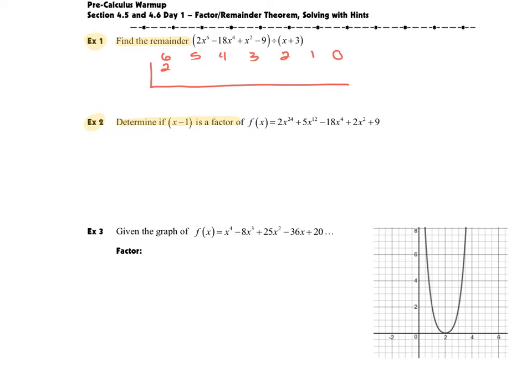So I'll have a 2, I'll have a negative 18, I'll have a 1, and I'll have a negative 9, which means all of these other spots need to be zeros. It's also really helpful to mark these out. Those coefficients at the top can be helpful later, but for right now we can just mark those out.